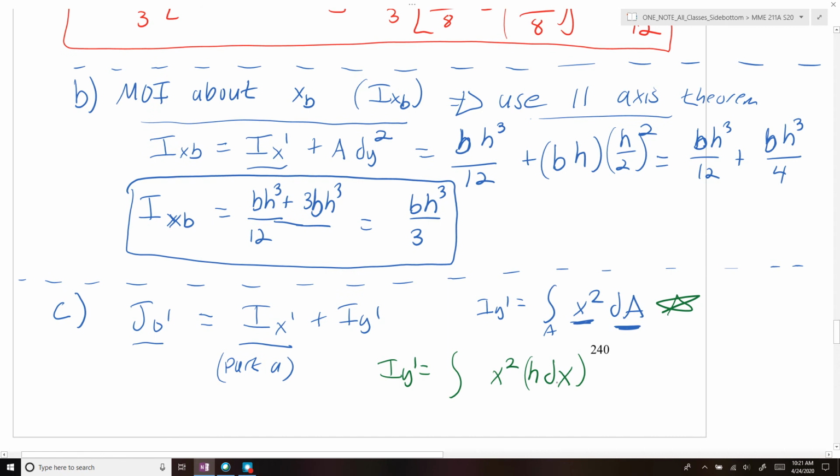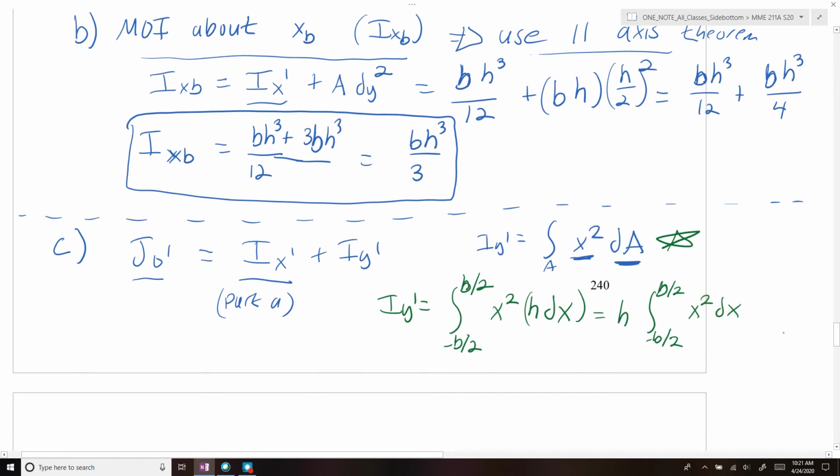And then we know that x goes from minus b over 2 to b over 2. So we can bring out the height because it's a constant, and we're left with x squared dx as our integral.